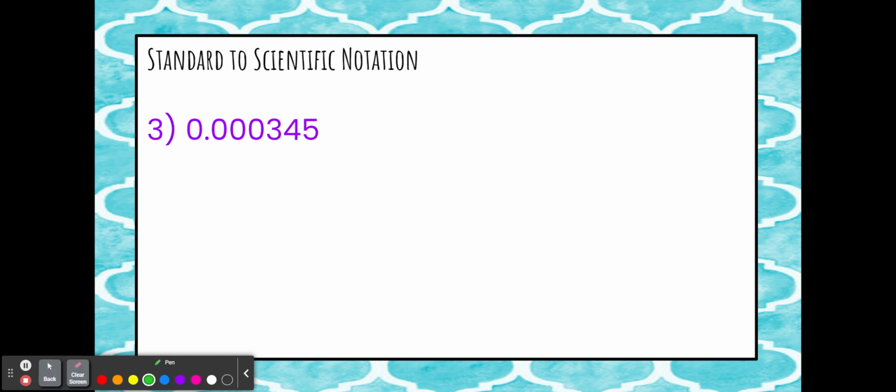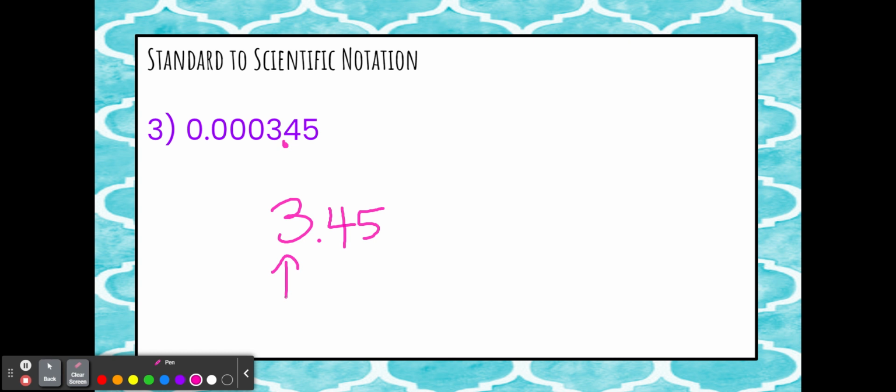Okay, let's try again. Right now, my number has a 0 in the front. I need to have a single digit from 1 through 9, so 3 would be the first digit. So I need to say 3.45, because now my digit is 1 through 9. This number has to be 1 through 9.